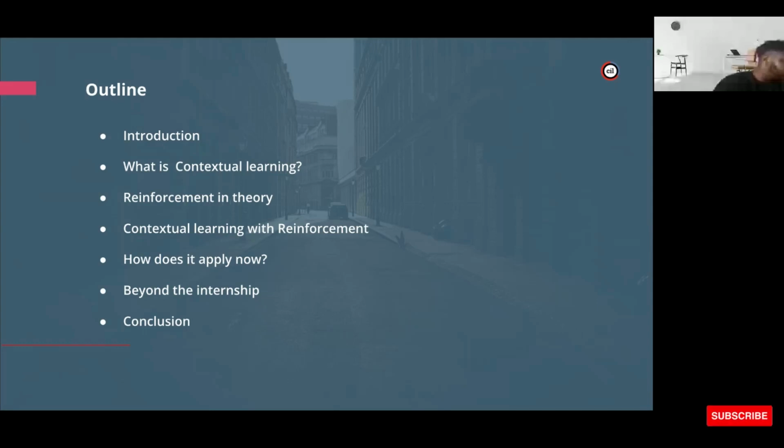How does this apply to you now? How does it apply to you beyond the internship? We're going to be bringing all these terms together. Some of us have an idea of what I'm saying, so if it's not a new concept to you, just flow with it. If you have any comments, any questions, please drop them in the Q&A section and we'll definitely get to them.